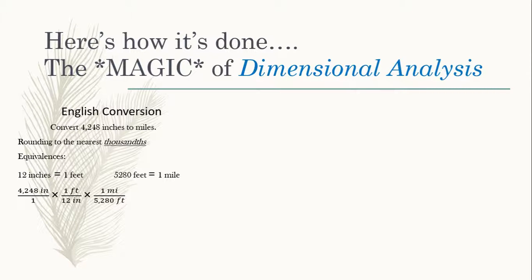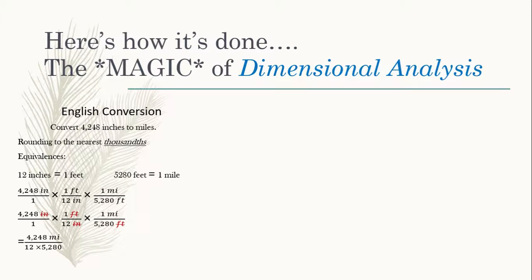We want them written in a way so the unwanted units can cancel themselves out. As you can see, inches appears in the numerator and denominator, so after dividing, the units will disappear. Same goes for feet. Finally, you are only left with your desired unit, which is miles.